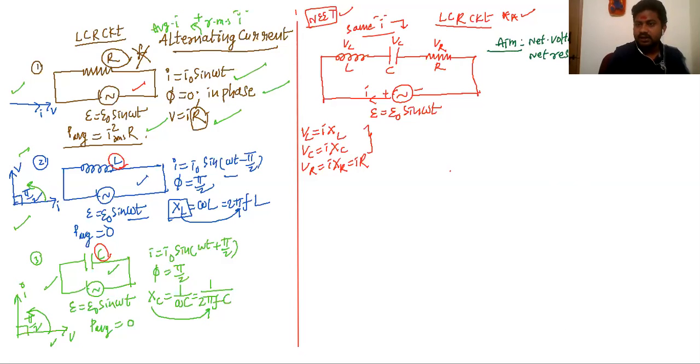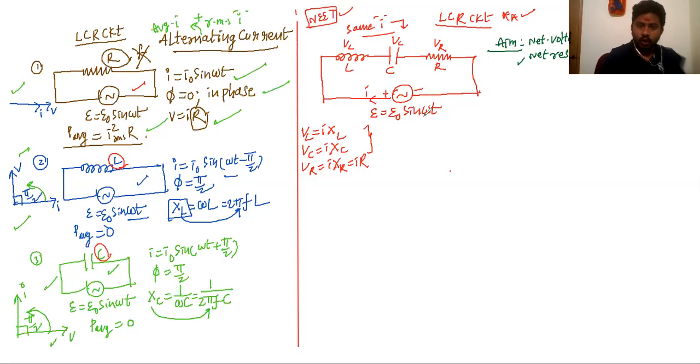The net resistance of the circuit is also called impedance, my dear students, which is denoted with the symbol Z. So what is the net resistance and net voltage of the circuit at time t? Net resistance is named impedance.